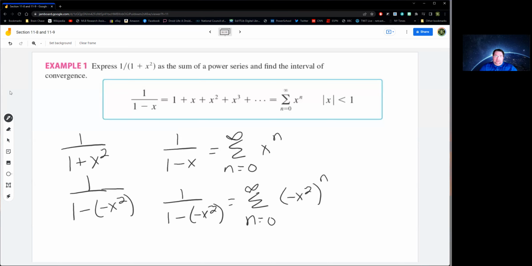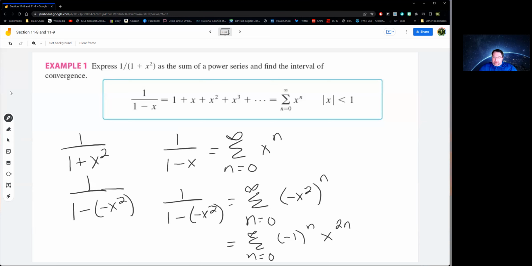All right. Now we've got to clean this up a little bit so I can actually do a geometric series to it. I can pull out the -1 to the nth power, and then this becomes x to the 2n. So this is the final series that we've got there. The second part of this question is, what does it converge to?